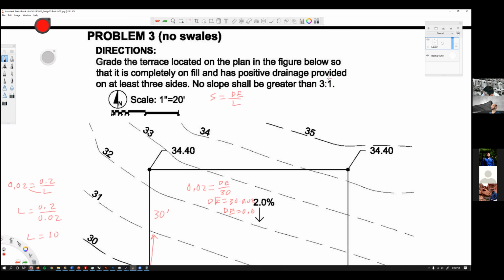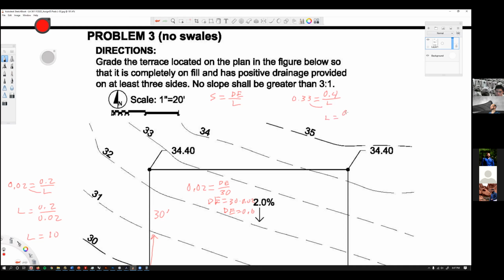So we have our slope of 3-to-1, which we translate to a percentage, 33%, or 0.33. We know our DE because we're going from 34.4 down to 34, so it's 0.4, and we're looking for our L. You just switch the L and the slope.